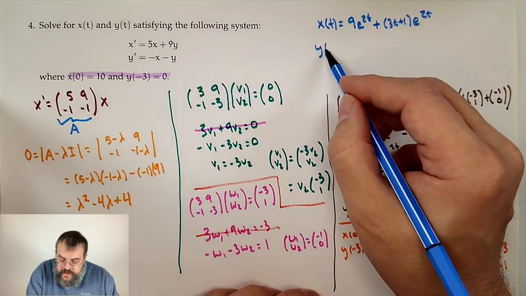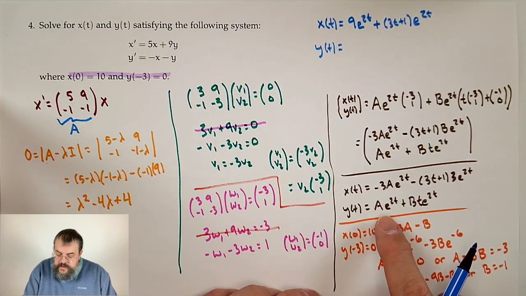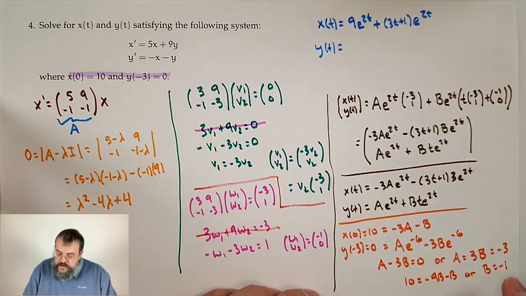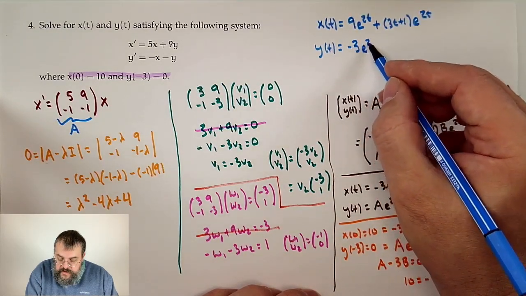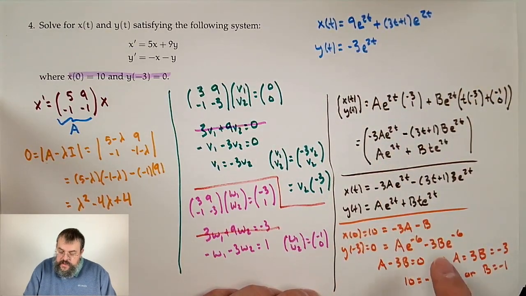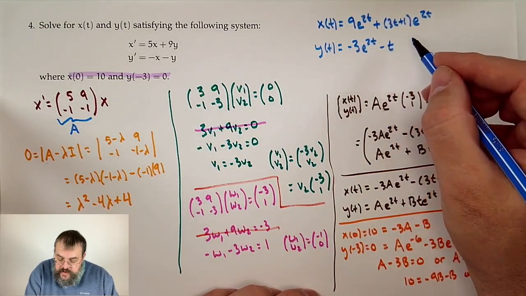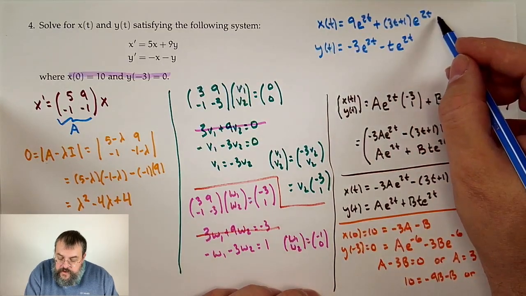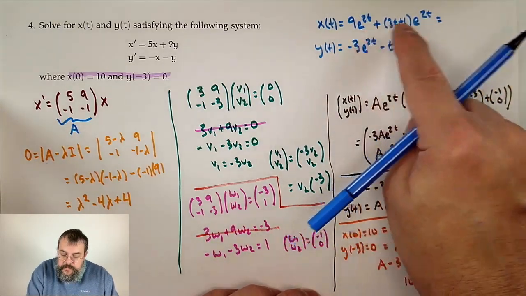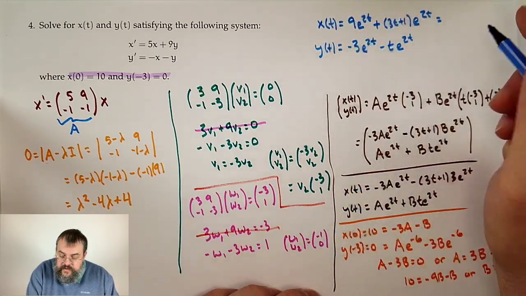And y of t, what's that? Well, you have a, which is minus 3, so minus 3 e to the 2t. And then b is minus 1, so minus t e to the 2t. You can factor out the e to the 2t, and you have 3t plus 1 and plus 9.